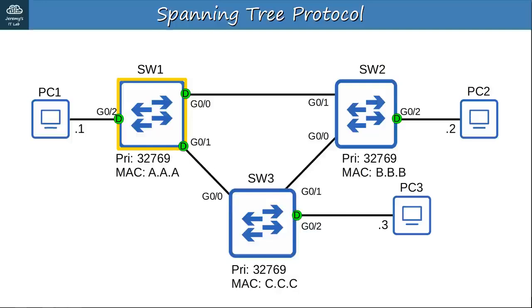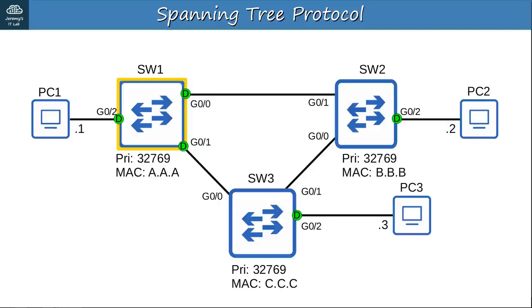So for example, switch 1 is the root bridge for VLAN 1, switch 2 could be the root bridge in VLAN 2, and switch 3 could be the root bridge in VLAN 3. I'll talk about how you can do that in the next video. I just want to let you know some of the possibilities.